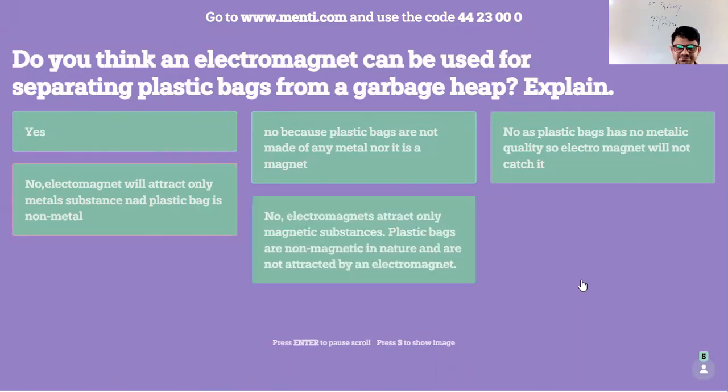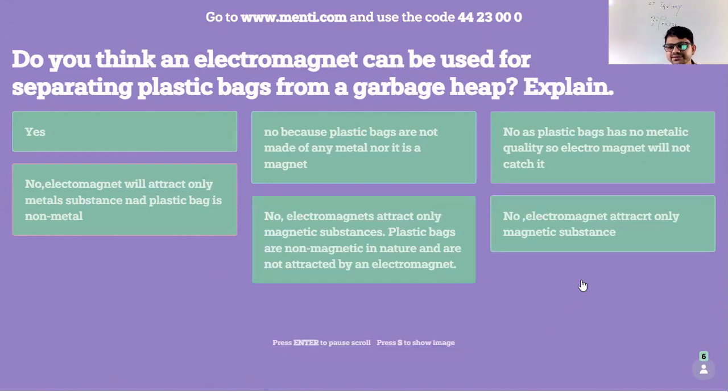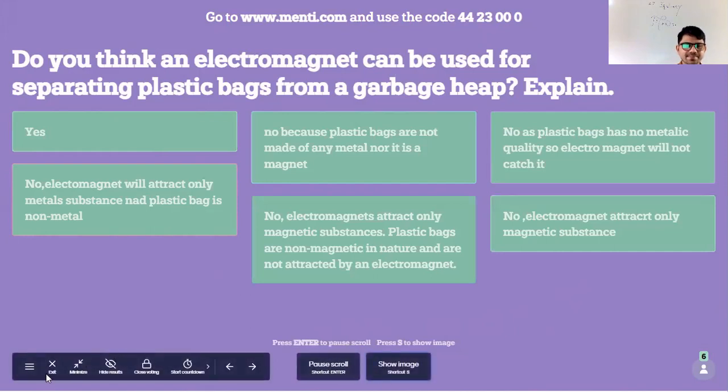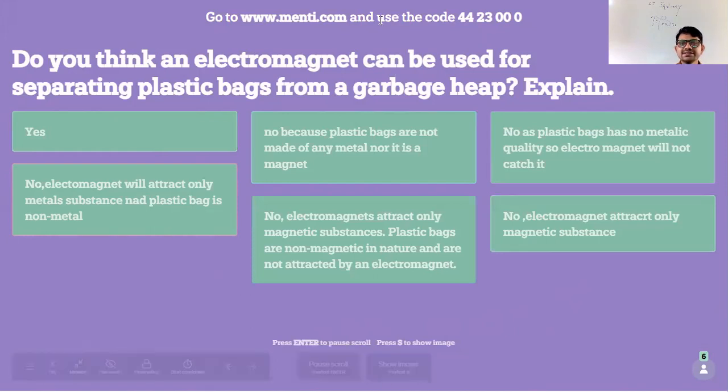Any more answers? No, electromagnets attract only magnetic substances. Plastic bags are non-magnetic in nature and are not attracted by electromagnet. Very good. No, electromagnets attract only magnetic substances. Very good. So that's all for today.